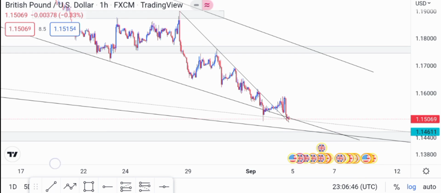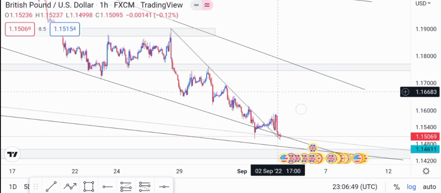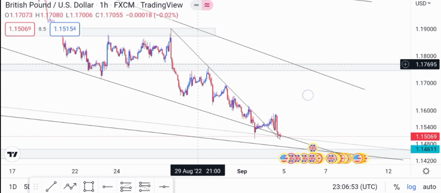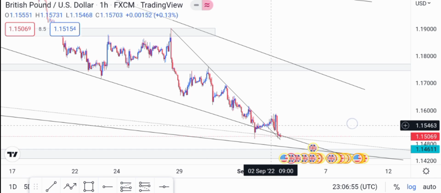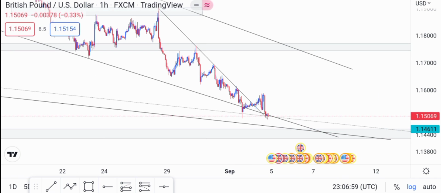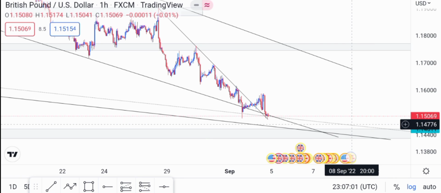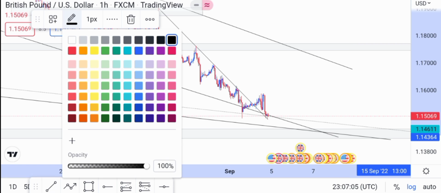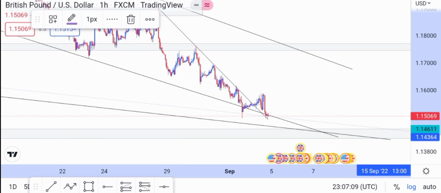So currently here I can see that the market failed. The trend line was broken around this area here and has been retested right over here again. So on this dotted line that we have right over here, let me change its color so you guys can see it into purple and make it light.